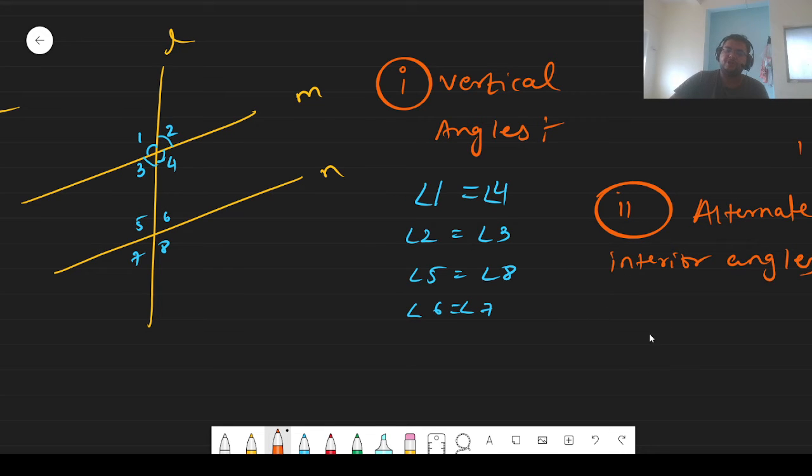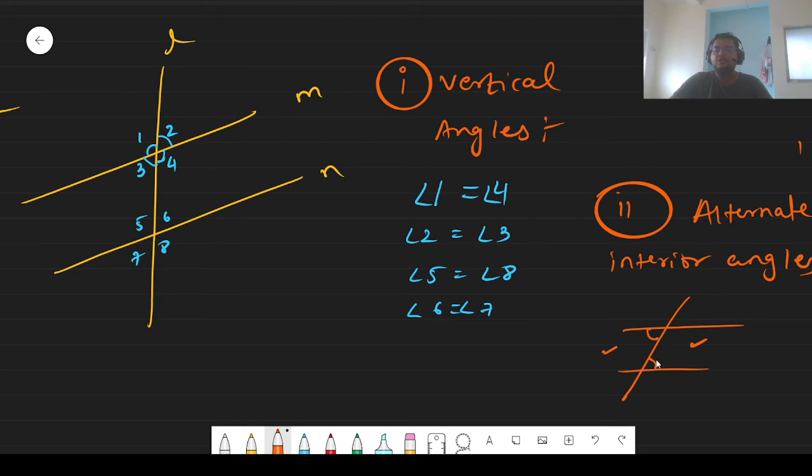See, if I have written like this, the two lines are parallel and this is the third line. So this angle and this angle, these are called alternate interior angles. Okay. How are they alternate? Because one is present on this side and another is present on this side. Also they are opposite to each other, diagonally opposite to each other, and they are interior side angles. Okay?